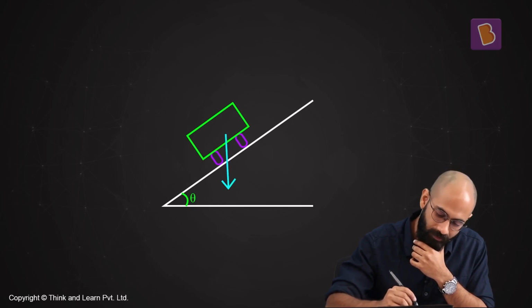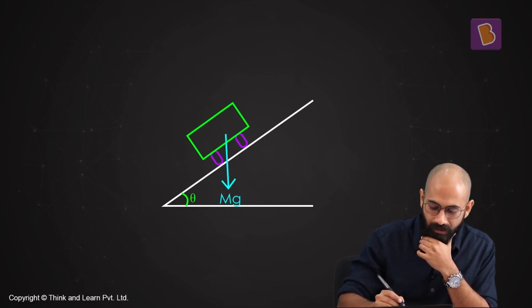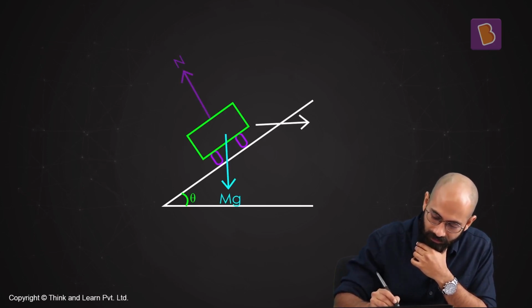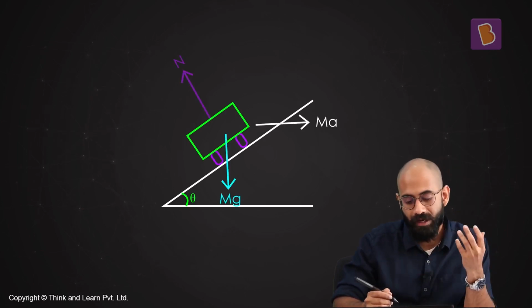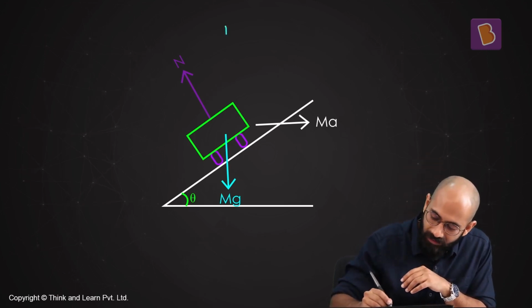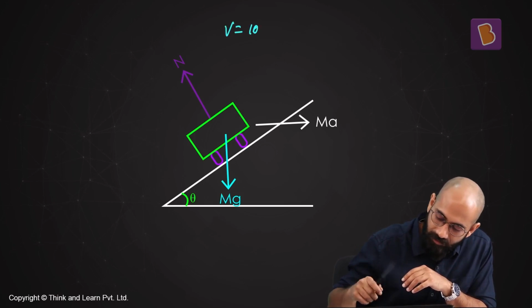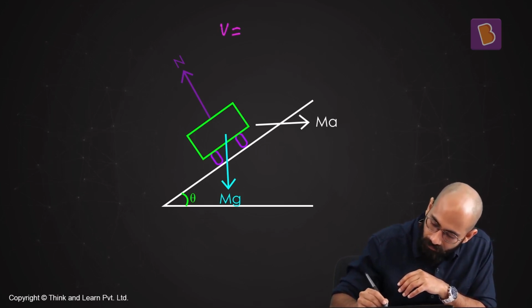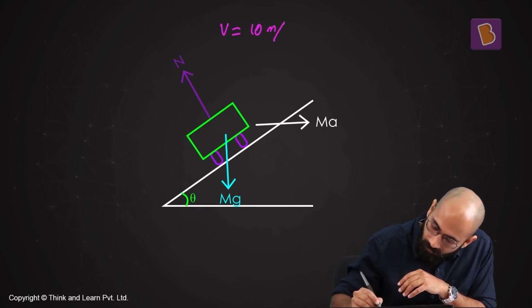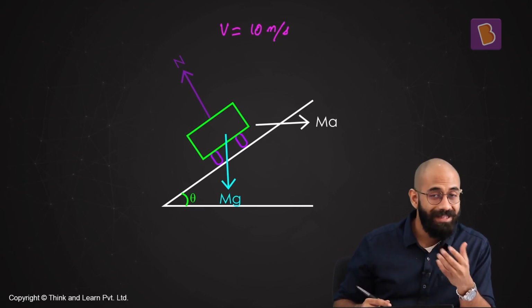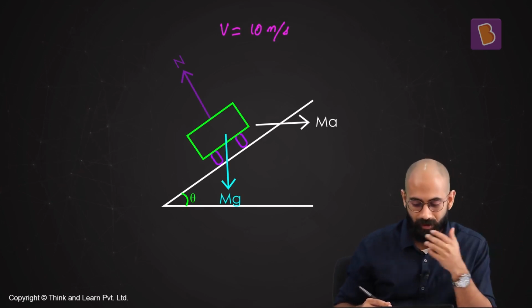There will be normal force. There will be pseudo force in this direction. Let's call that ma. But there will be no frictional force, because that's how it's designed. If the vehicle is traveling at a speed of 10 meters per second, then there will be no friction. That's what the question says.